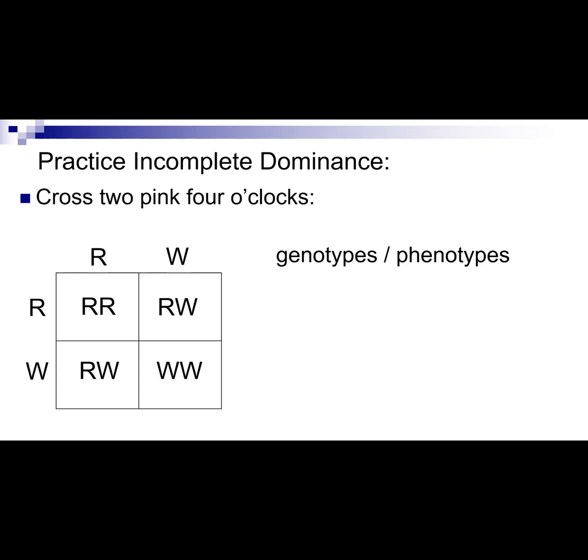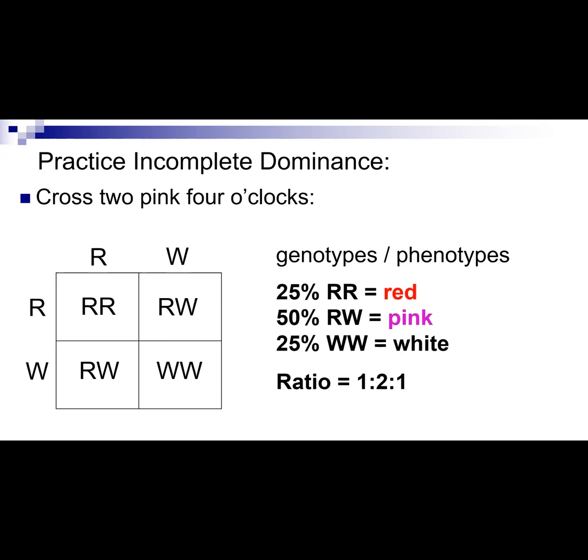So now we will end up seeing 1 out of the 4, or 25%, have the two R's, 2 out of the 4 have RW, and 1 out of 4 has two W's, which would of course produce white. So we have a 25, 50, 25% ratio of those genotypes and phenotypes.